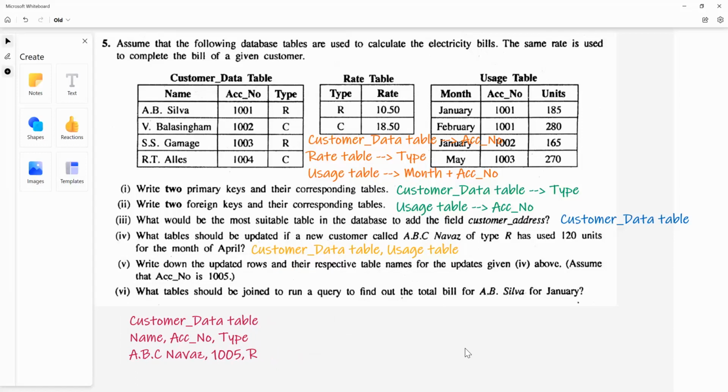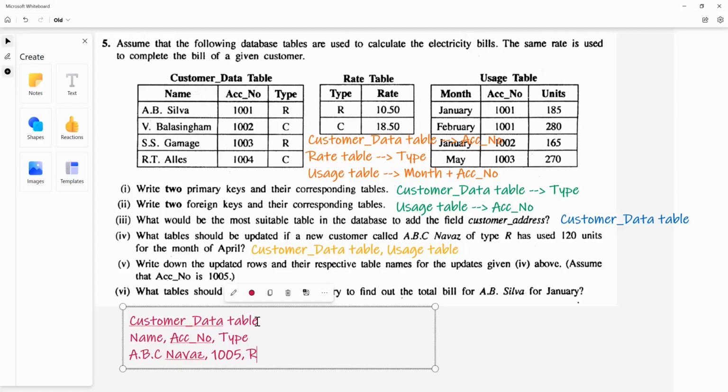Okay, can you give me the answer for the next one, usage table? How do you update the usage table? Yes, usage table.